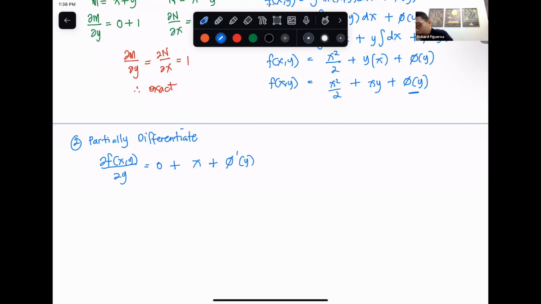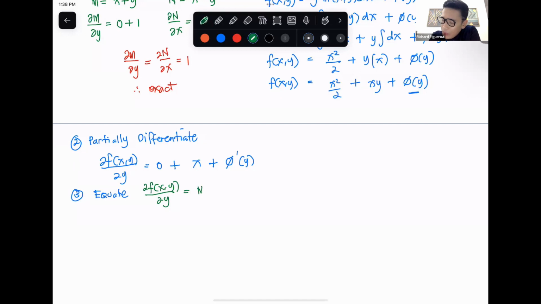So now that we got that one, we proceed with the third step, which is equate. So anong i-equate natin? We equate the partial derivative of f of xy with respect to y, doon sa hindi mo pinili. So kanina pinili mo is m function, so this time we're going to equate it with n function of x and y.